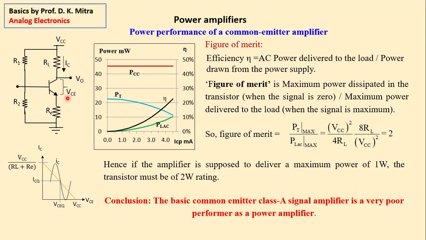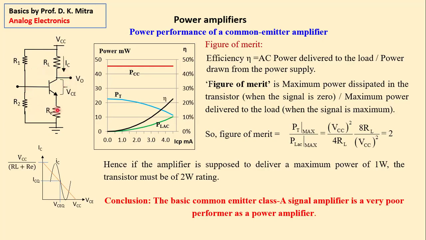Now, in our next lesson, we shall learn actual power amplifiers. Then you may ask me, sir, why did we do this? That means, why did we find the power efficiency of a common emitter amplifier? That is because, as I said earlier, you are friendly with this amplifier. You know what is what.